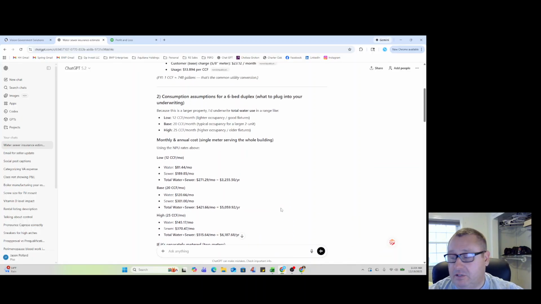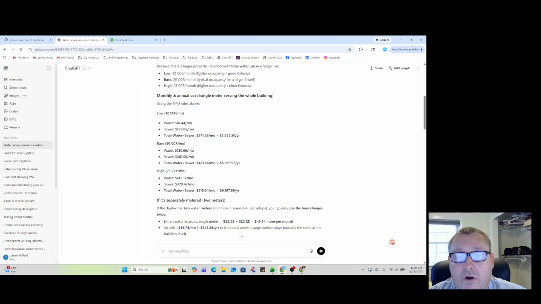Norwich Utility is an excellent utility company, but they are on the expensive side. So water, sewer, in this case, the low usage would be $271, middle of the road $421, and then a high usage would be $515. Now that's a month, so that's a pretty high expense.